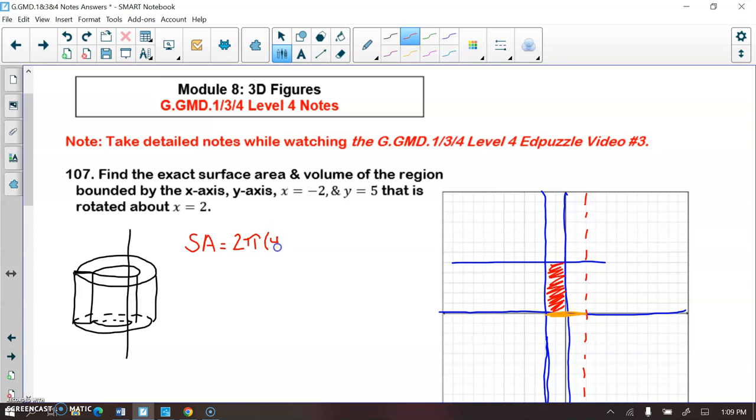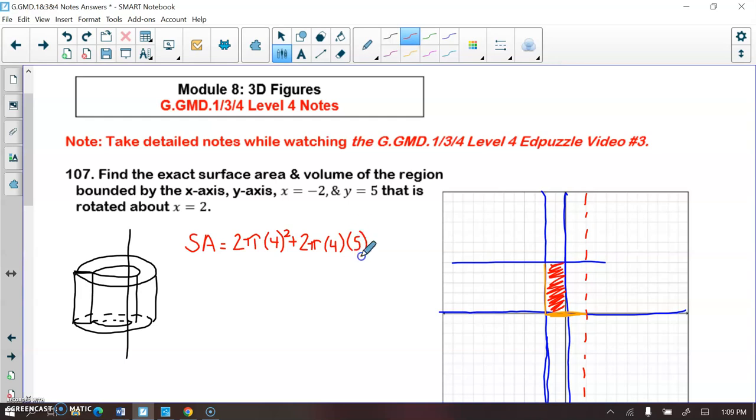So 2 pi times 4 squared plus 2 pi times 4 times the height, which the height of my cylinder is 1, 2, 3, 4, 5.